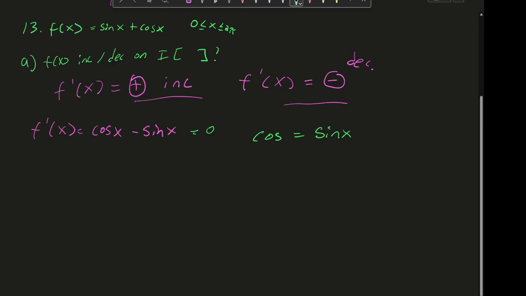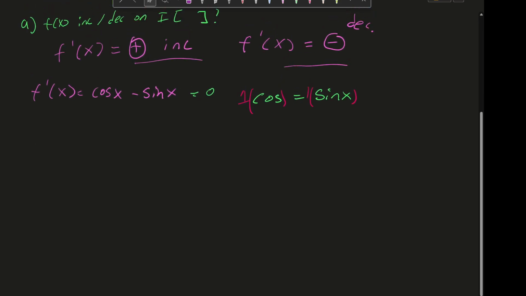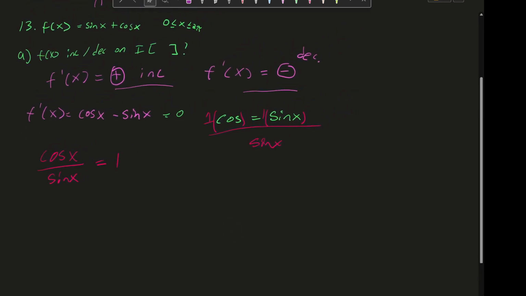And if it helps, you can think of this as both sides being multiplied by 1, because you wouldn't just be subtracting it again. You would divide both sides by sine x, and you'd be left with cosine x over sine x equal to 1. That's why I put the 1's in, so you can see that.